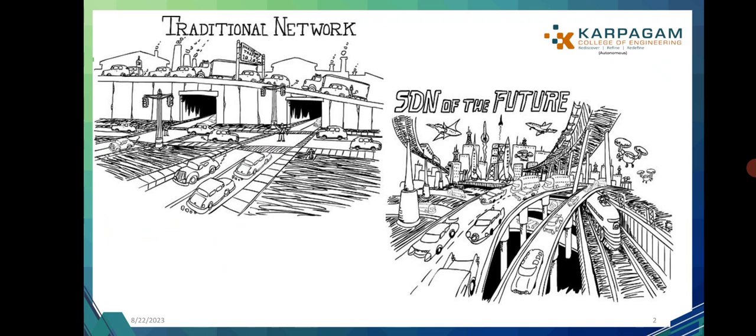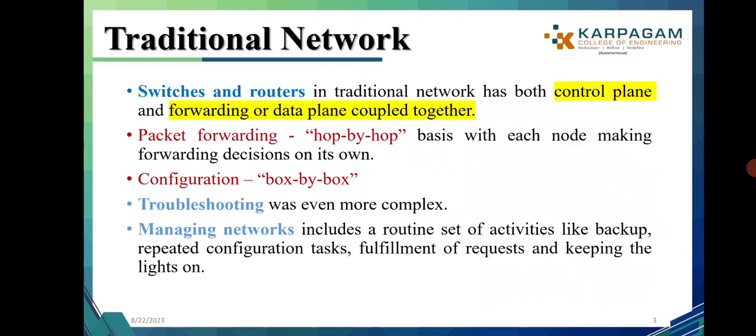Compared to that, in the traditional network, manual intervention is applied, and the traffic, that is the data transmitted, is very less, right? By comparing this with SDN, which is fully automated, by viewing these images you can see the practical example of traditional and SDN network, right? Yes. So moving on to the next slide.